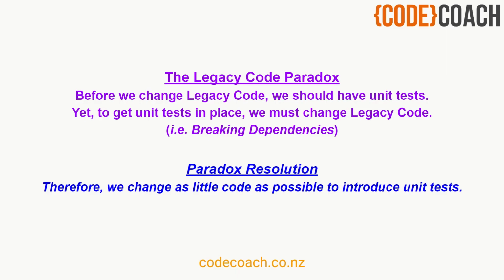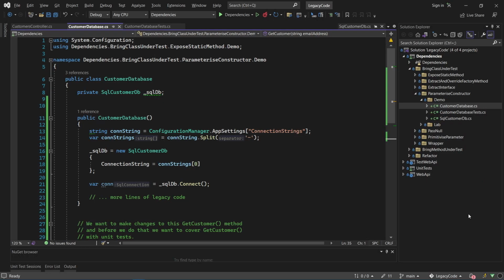All right, let's have a look at the code. Here we go. Today's sample code is in C#, .NET. We're here in Visual Studio, and we've got a customer database here. Public class CustomerDatabase.